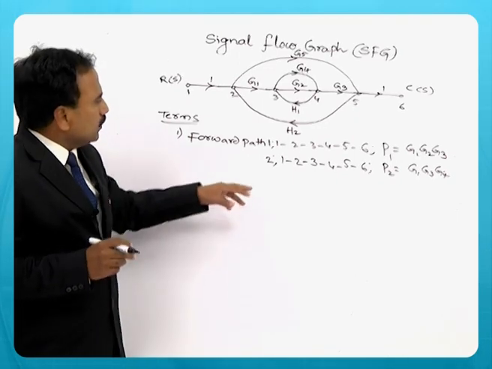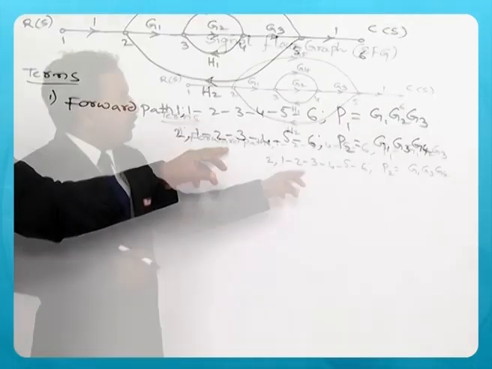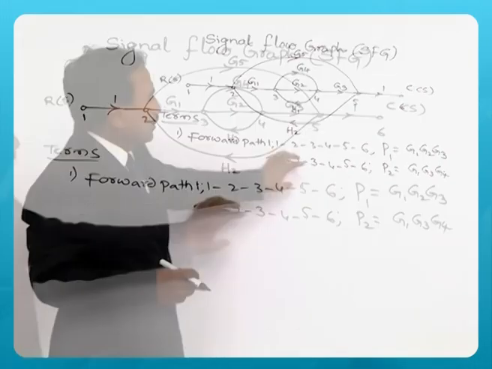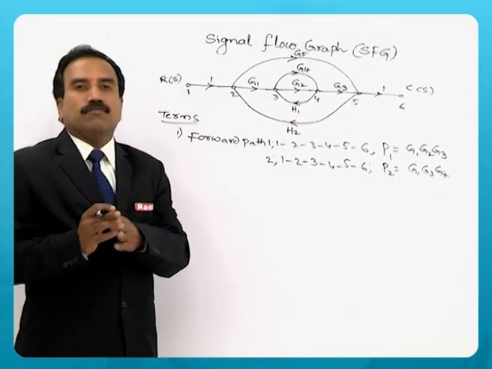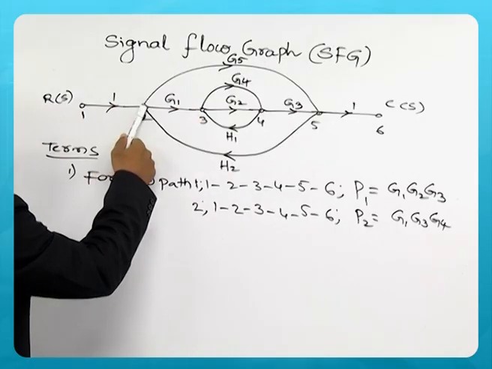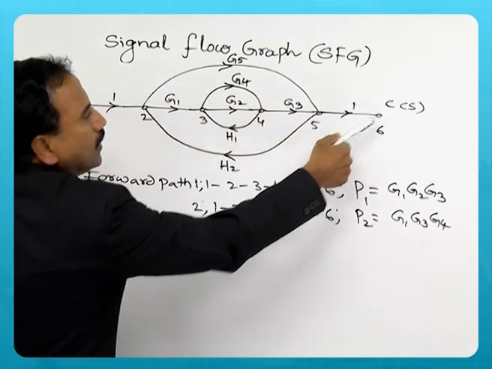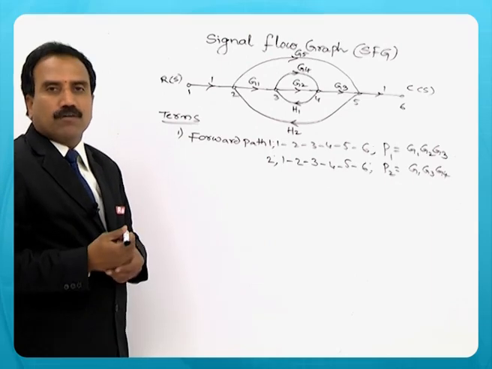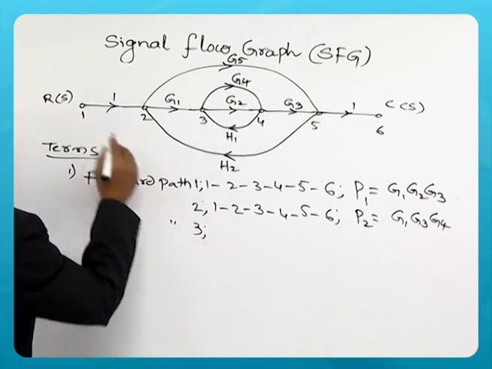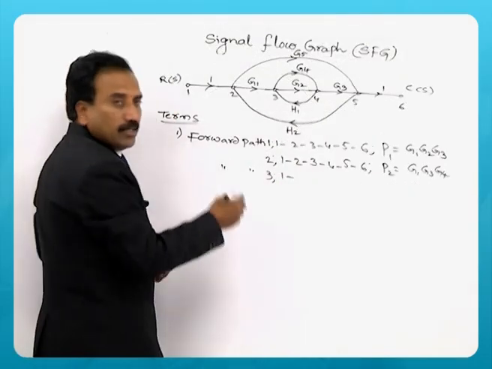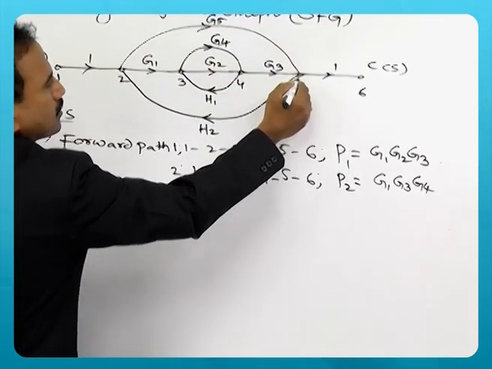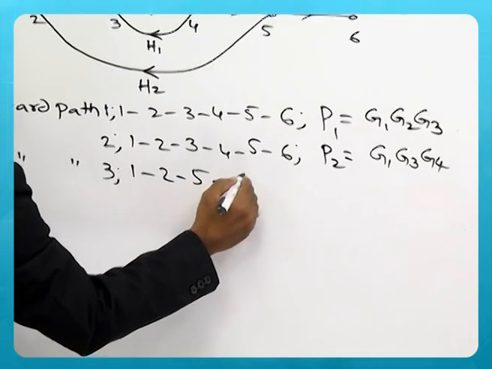You can see the difference, both have the same nodes, but still no node comes more than once in a particular path. That is the meaning of forward path. Now you can see 1, 2 via G5 goes to the output. This is also another forward path, forward path 3. It starts with 1 connecting input and output via 2, then it goes to 5, then 6.